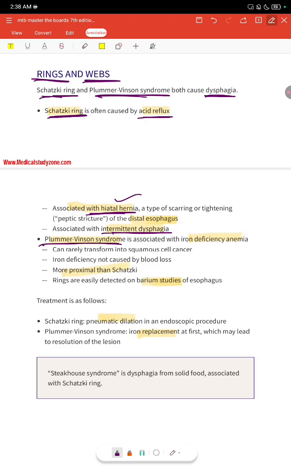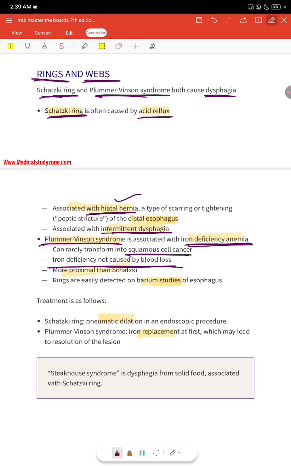How about the Plummer-Vinson syndrome? Plummer-Vinson syndrome is associated with iron deficiency anemia, can rarely transform into squamous cell cancer. Iron deficiency not caused by blood loss. So when you see such patients, there will be iron deficiency anemia, but that iron deficiency anemia will not be due to some kind of blood loss.